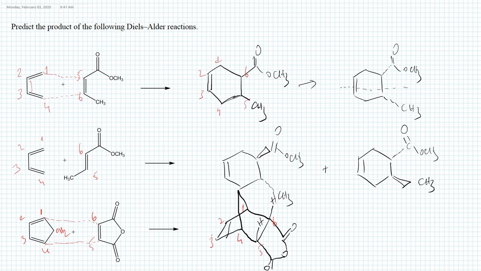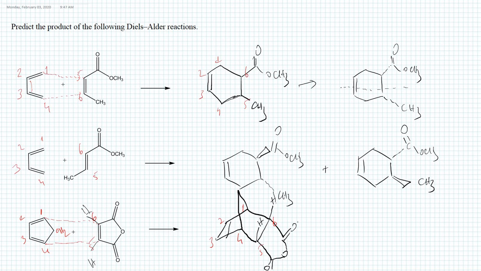When the bridge 2 and 3 is on the same side as the bigger R group, because there were H and H here, this cyclic ester part should face downward, the same way as the big bridge.